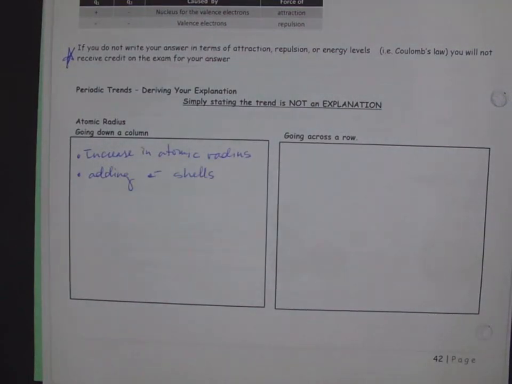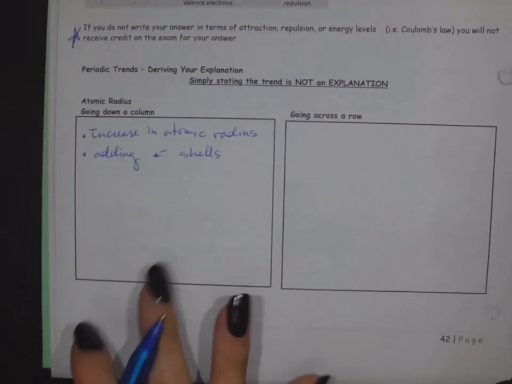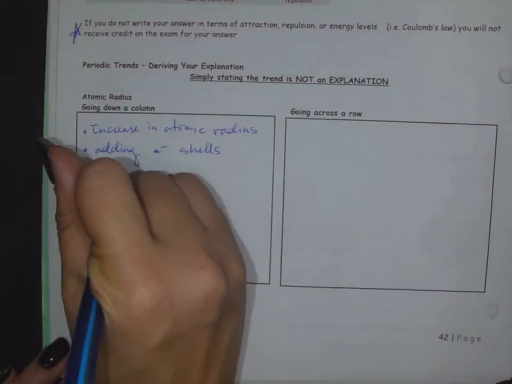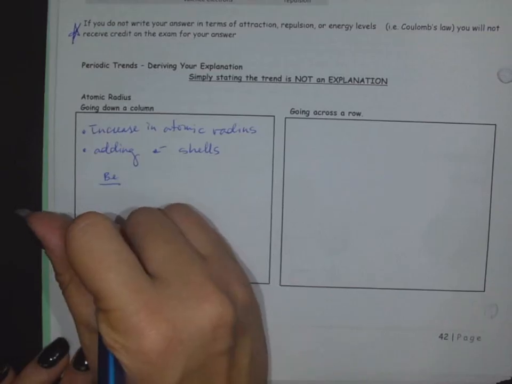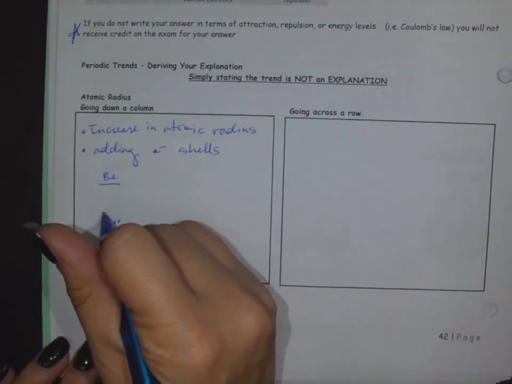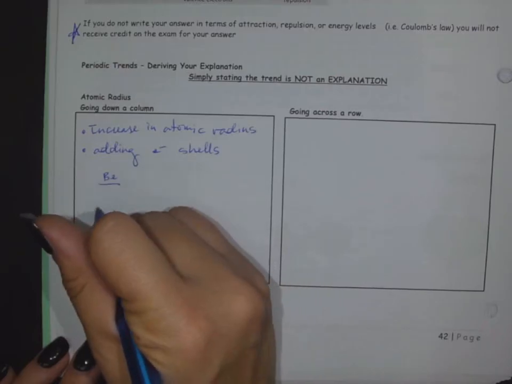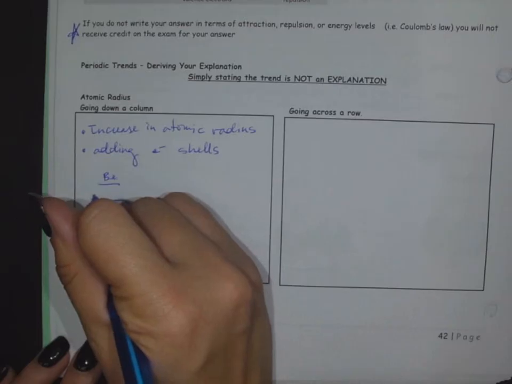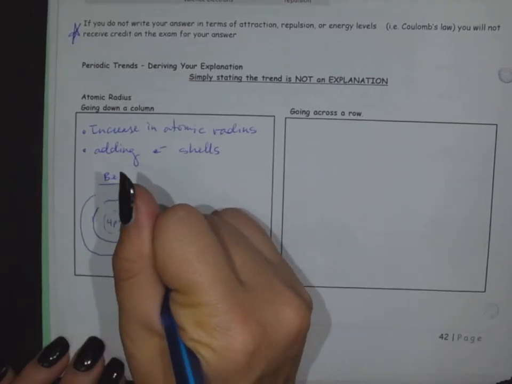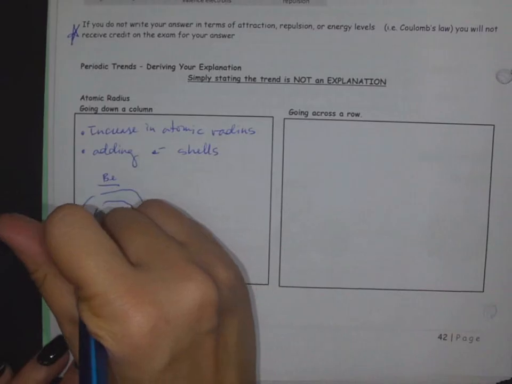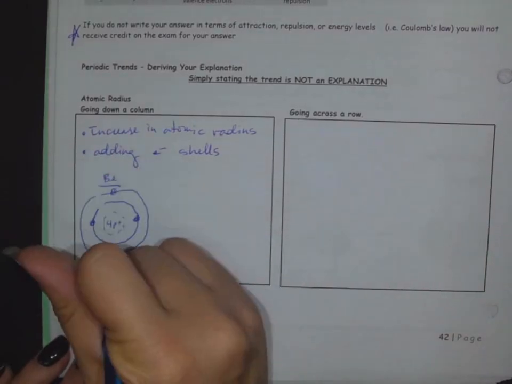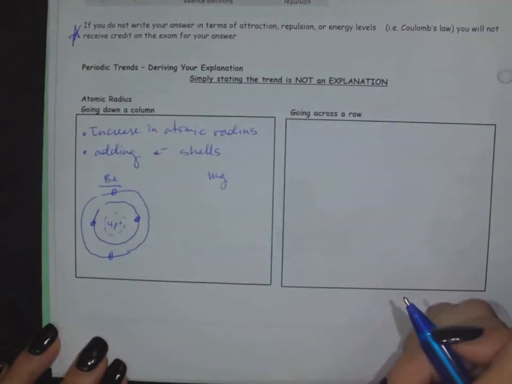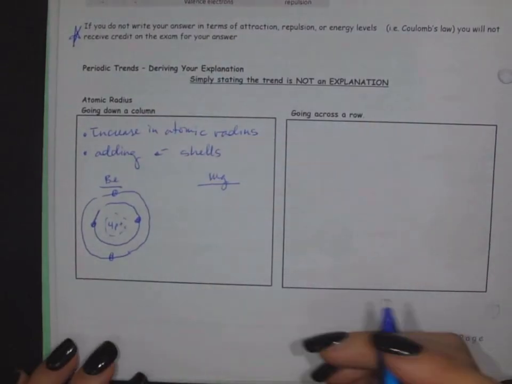Okay. I think Bohr models are really helpful as well, like we were doing before. Beryllium, for example, has 4 protons, and we said that it had those 2 energy levels. Okay. And we can draw our electrons in there. And our magnesium, which is in the same column, but it's just below, had 3.